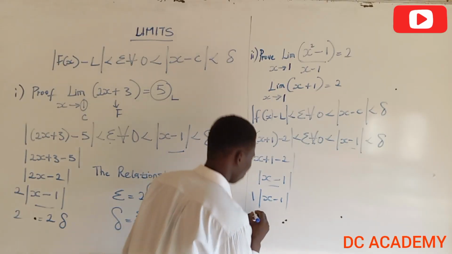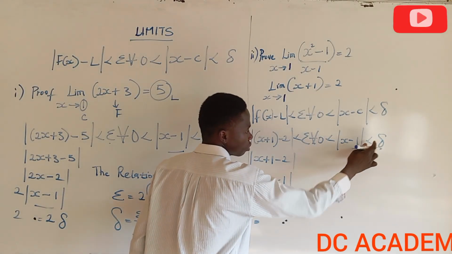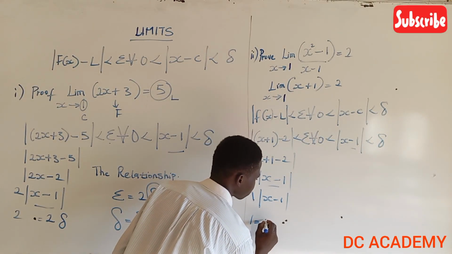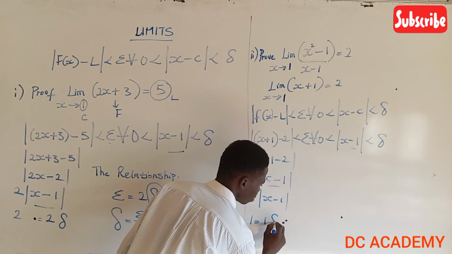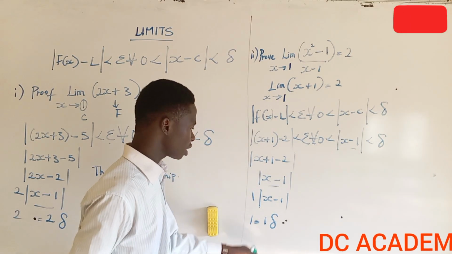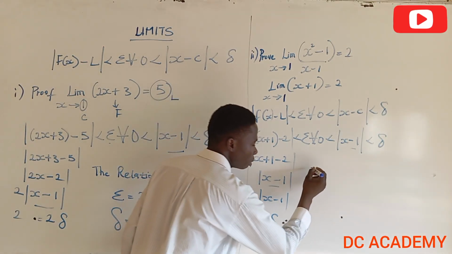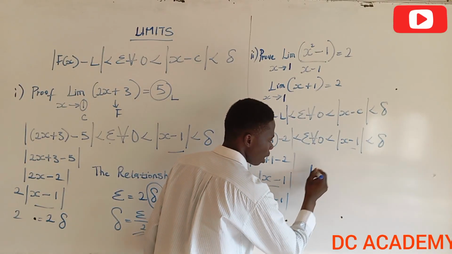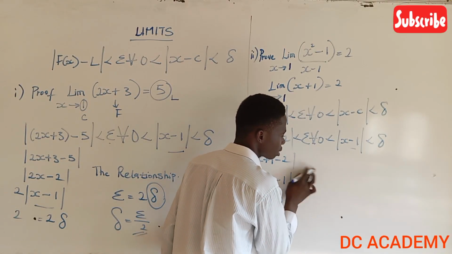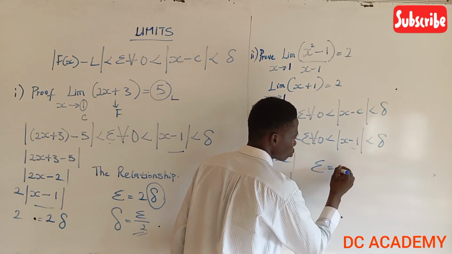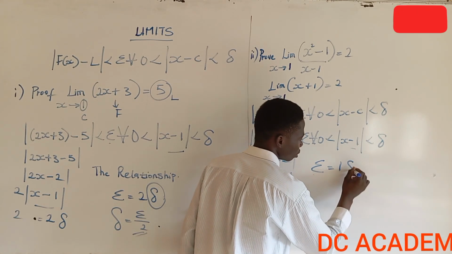So this is what you actually do in finding the relationship. We say that 1 is equal to now, first of all, what? 1 delta. Have you seen it now? Then the relationship entails that epsilon is equal to what? 1 times delta.